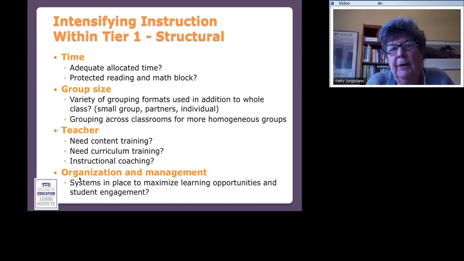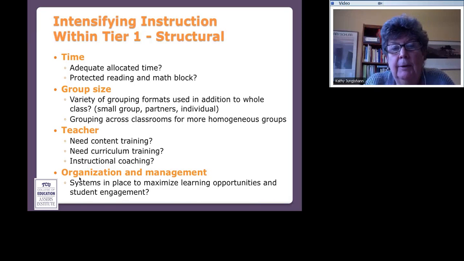You can also think about intensifying instruction within Tier 2 around the structural aspects. And one of these structural aspects is the amount of time allocated to instruction. Many schools have allocated time for their different areas of instruction. And it's not unusual to see 90-minute blocks assigned for language arts. It might be a 2-hour block.